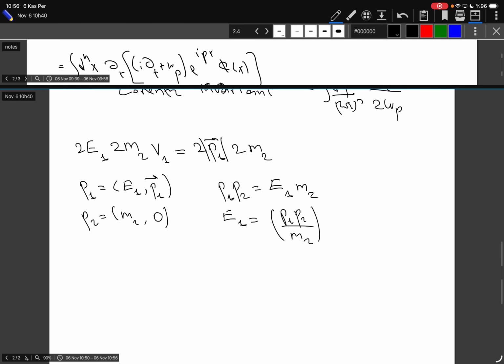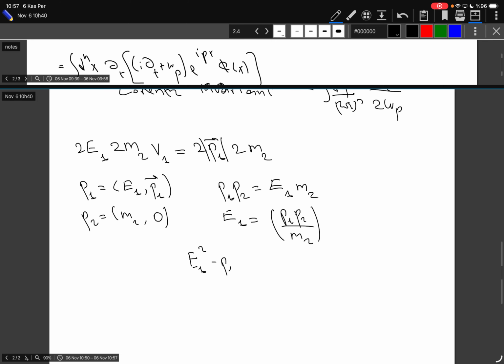What you will obtain will be the energy of the first particle in the reference frame in which P2 is at rest. So the right-hand side, just calculate it in whichever reference frame you want. That will be the energy of the particle in the reference frame in which the second particle is at rest.